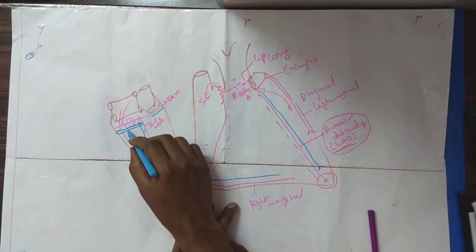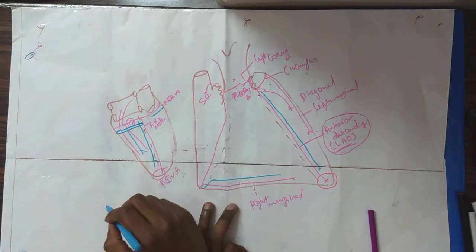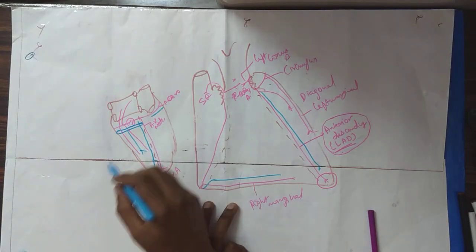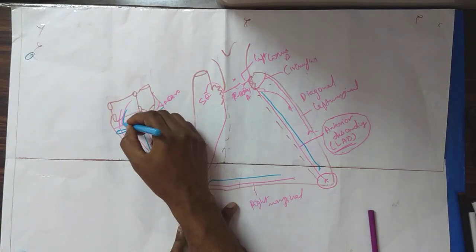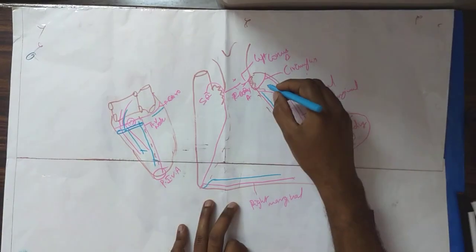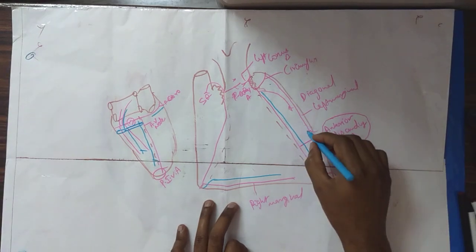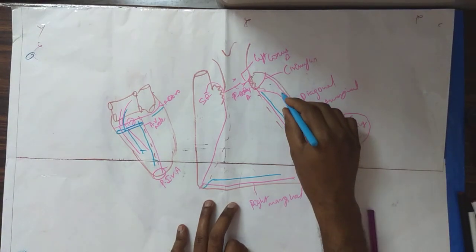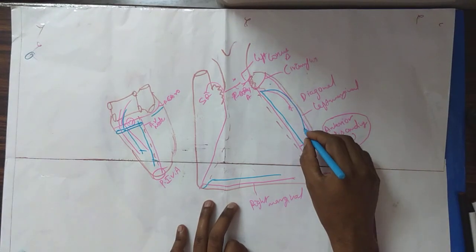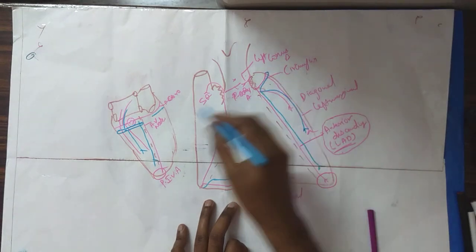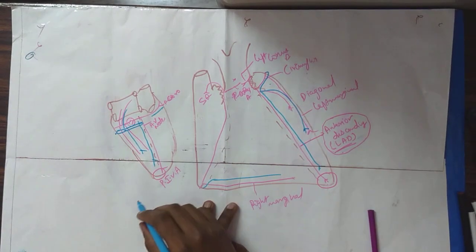Here is one more thing: the posterior vein of the left ventricle, the oblique vein of the left ventricle, and one more here. Getting into this, you have the right marginal vein. At last this goes into the coronary sinus.